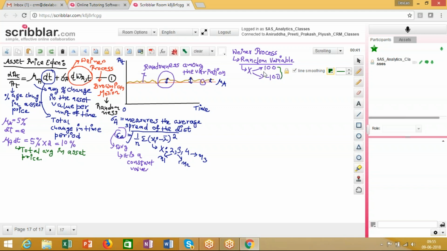If -100 occurs, 100 would not occur. Therefore, this x is more like a lottery, and it is this lottery that we call a random variable. That is, there is a probability associated with each outcome.